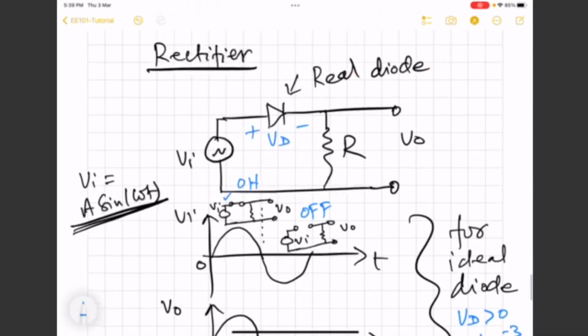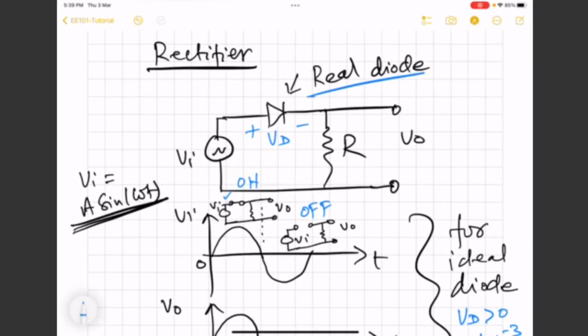But when we set up this circuit, we will have to use a real diode. So for a real diode, what should be VD so that it switches on? What is the minimum forward bias voltage that should exist across a real diode for it to switch on?